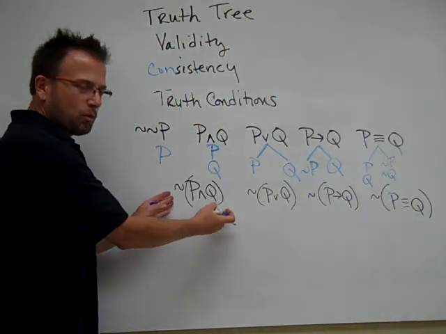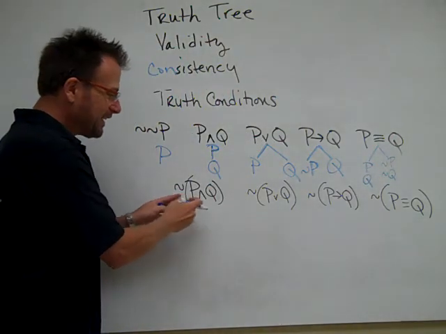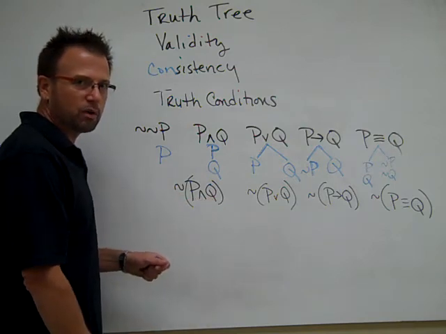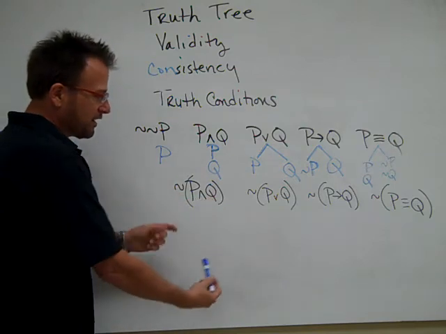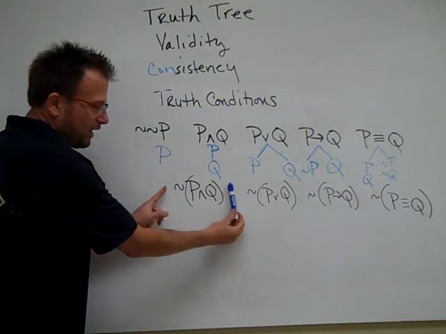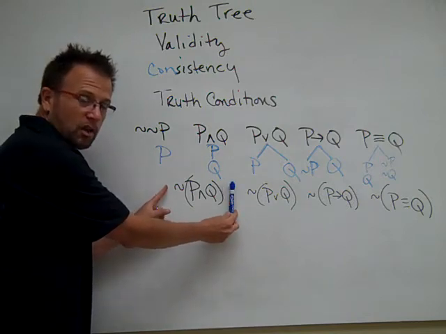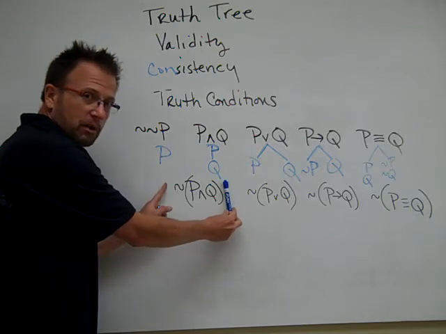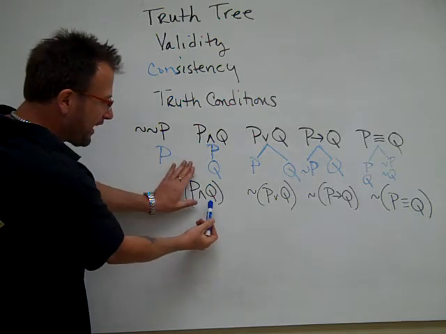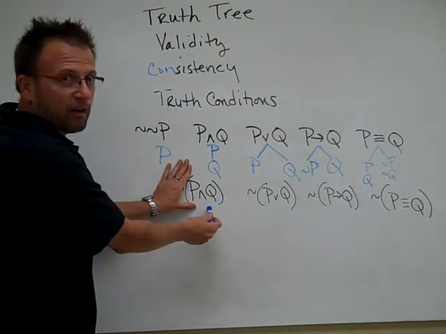Under what conditions would a negated conjunction be true? Well, notice this. The question we're asking is, under what conditions would this whole statement be true? Well, this whole statement will be true when that conjunction is false.